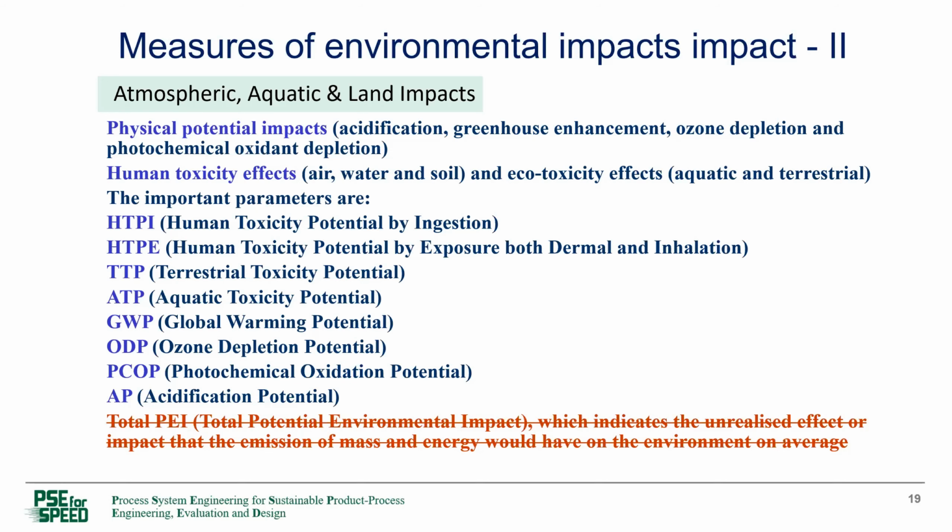Also, if we combine them, and let's say our minimum total PEI is 100, I can think of a situation where global warming is 1 and toxicity is 99. So we will save the world with respect to global warming, but we will kill everybody because of toxicity. Or we can take the opposite, that it is still 100, but toxicity is 1 and global warming is 99.